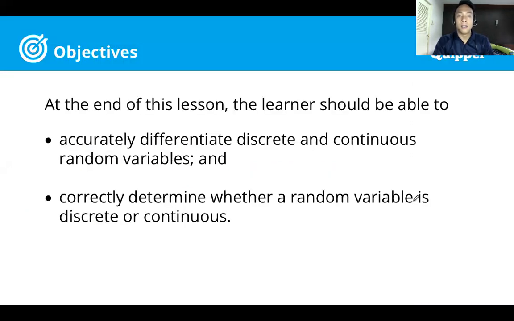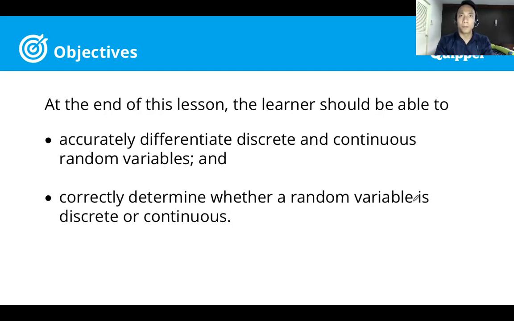At the end of the lesson, the learner should be able to accurately differentiate discrete and continuous random variables and correctly determine whether a random variable is discrete or continuous. So it's too easy. You will just analyze if the random variable is discrete or continuous.